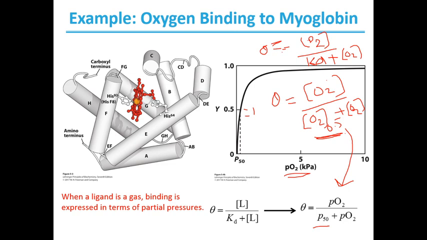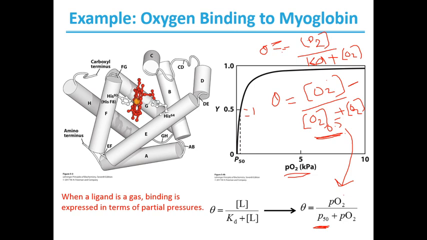So the concentration of O2 becomes PO2, and the concentration of O2 at half, or 0.5, becomes P50.